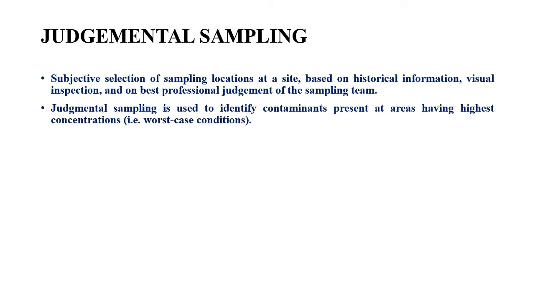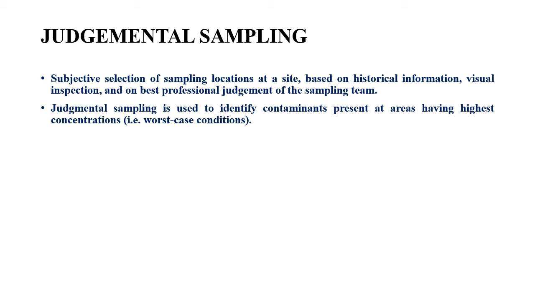So the first type of sampling approach is the judgmental sampling, where the sampling team would simply depend upon the background information or the history of the contaminated land, and based on their judgment and expertise, they would select a particular area where the sampling can be done. So this type of sampling simply depends upon the judgment of the sampling team and their knowledge about the contaminated land.